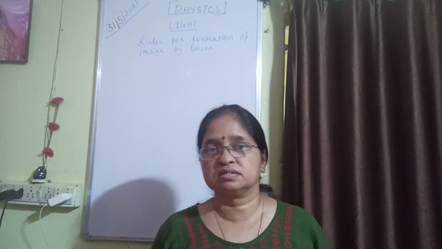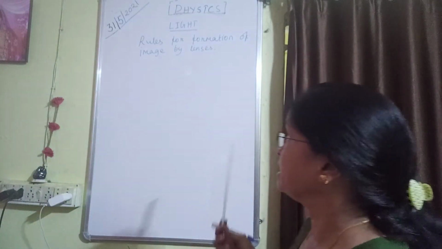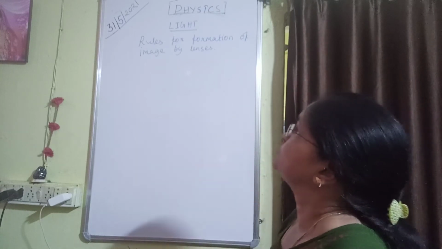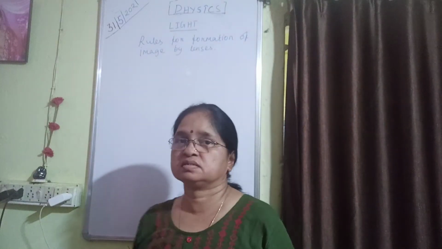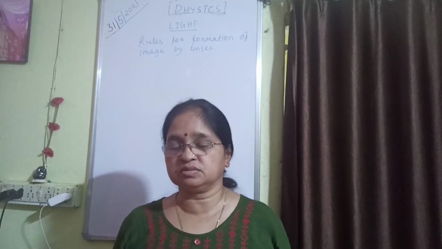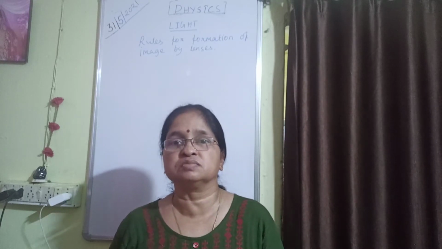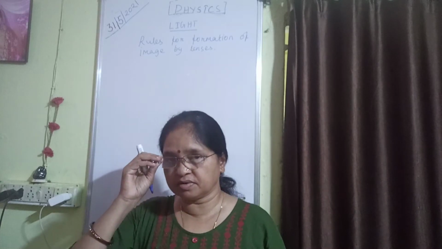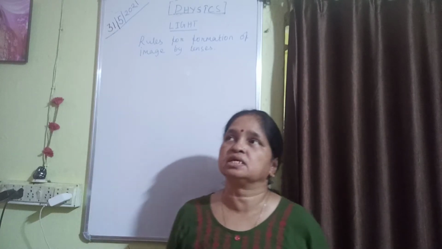Good morning, students. Let's proceed with our chapter, light, and today I'll teach you the rules for formation of image by lenses. In the previous class we covered all the basic terms, that is focus, focal length, principal axis, center of curvature, radius of curvature, all that.